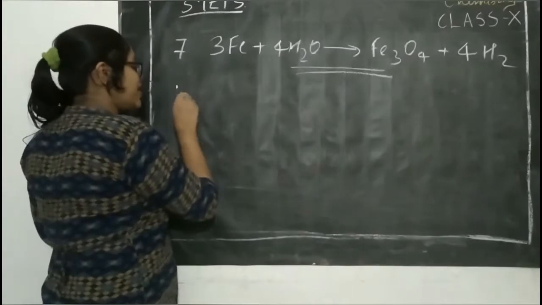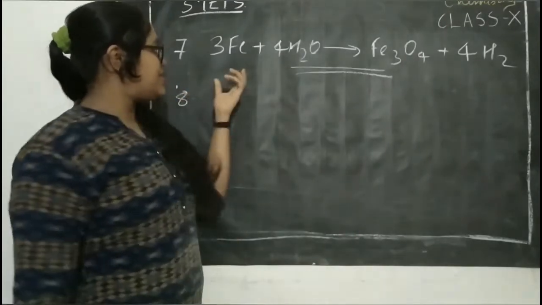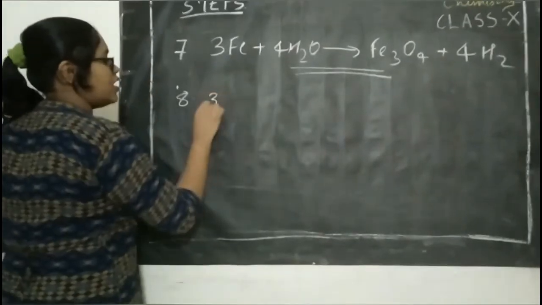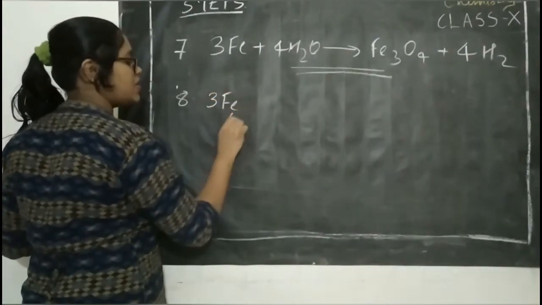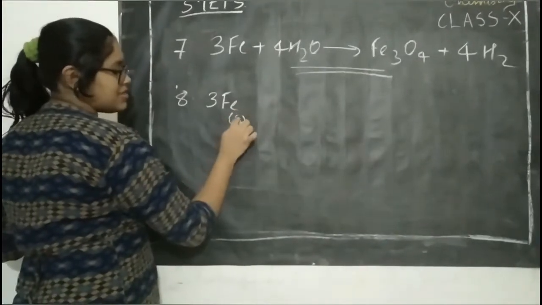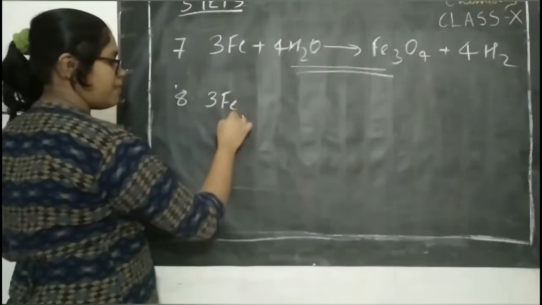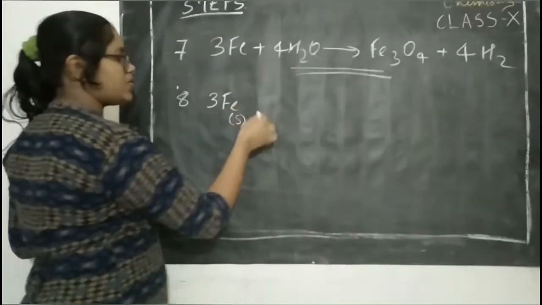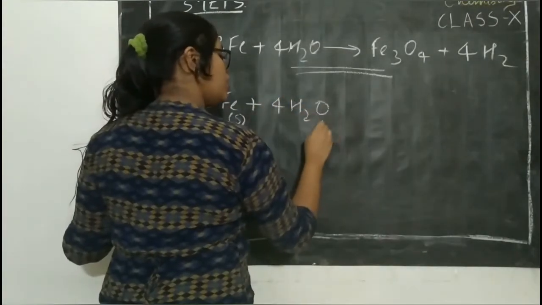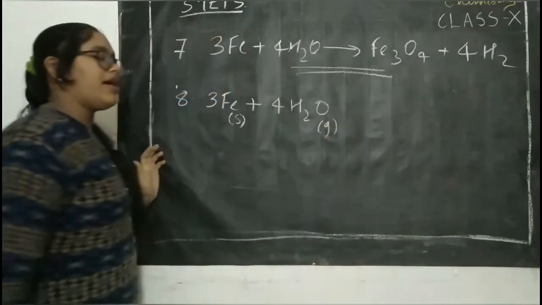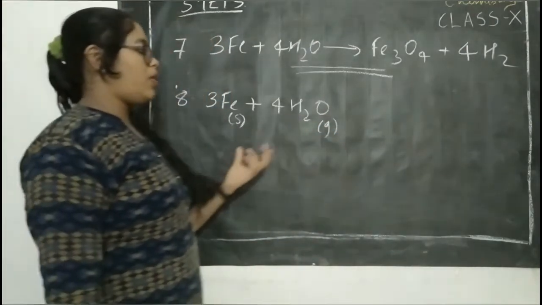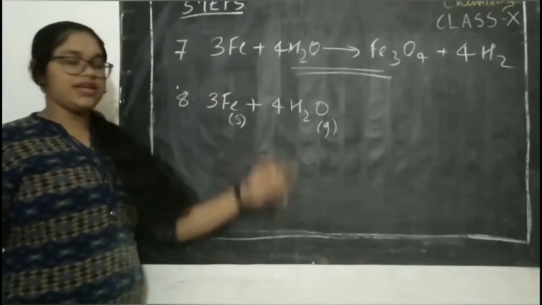That is, in the eighth step, we can mention the state in which all these compounds are present. Here iron is present in the solid state. So I mentioned S, meaning solid, in a bracket down to that compound. 4H2O: here in this reaction, water is present as steam, because only in that condition this reaction will take place.